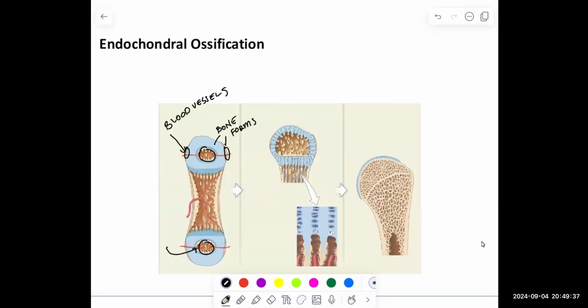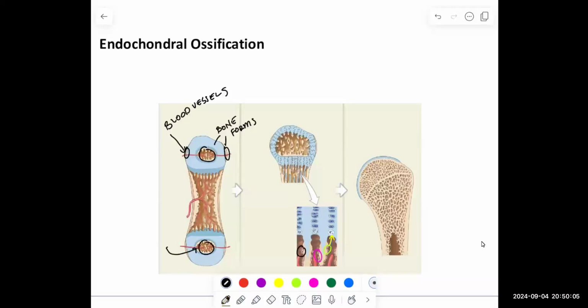Okay. And what is happening throughout growth, all right, is these are the osteoblasts. They are starting to make new bone and build their way up.